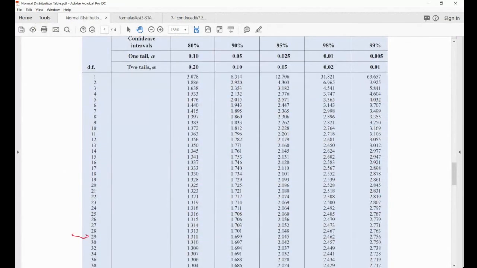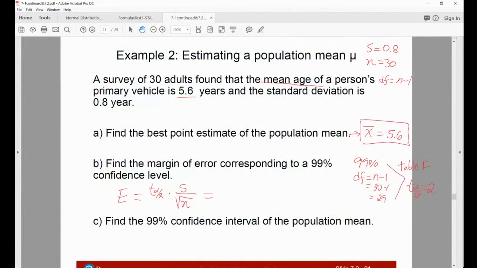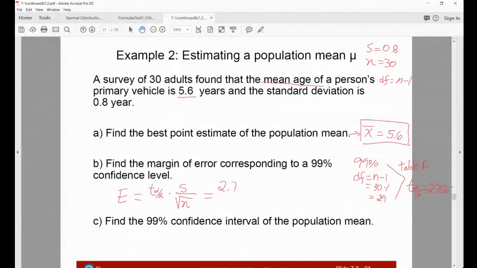So 29 is here and 99% is here. So what's the critical value that you need to use? 2.756. Very good. So this is the critical value. T will be 2.756. Now we have everything to find the margin of error.